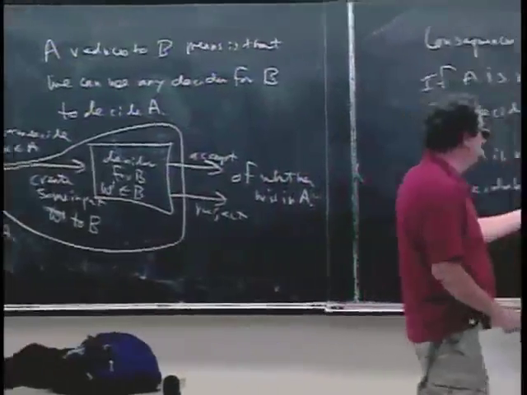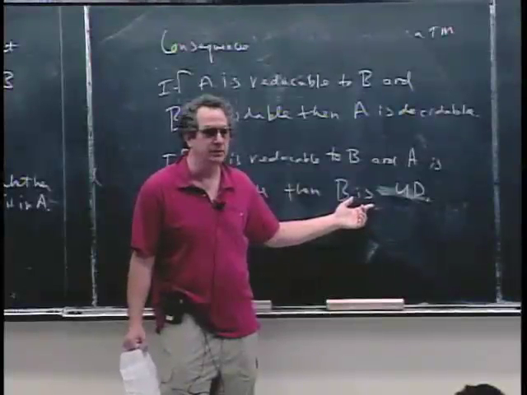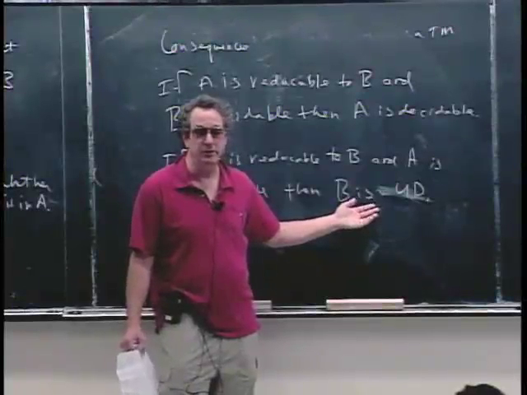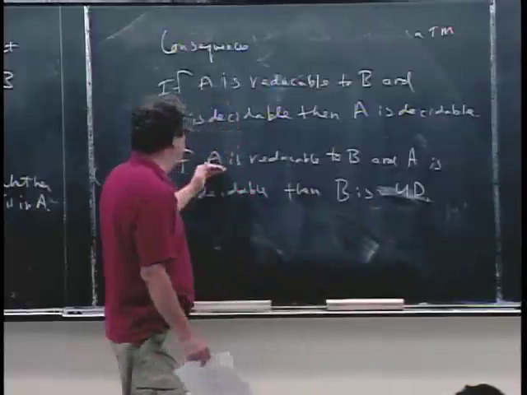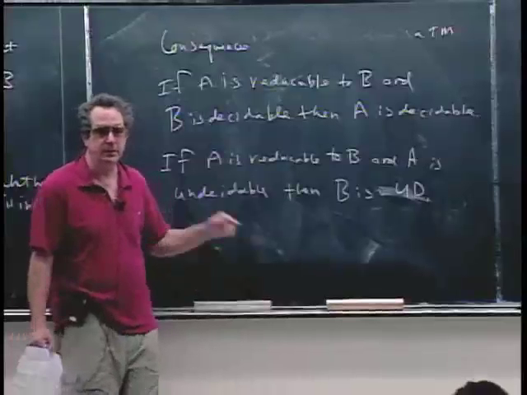So it must be that B is also undecidable. There can't possibly be a Turing machine that can decide B, because with that Turing machine that can decide B, we could decide A, but A is undecidable. Okay?